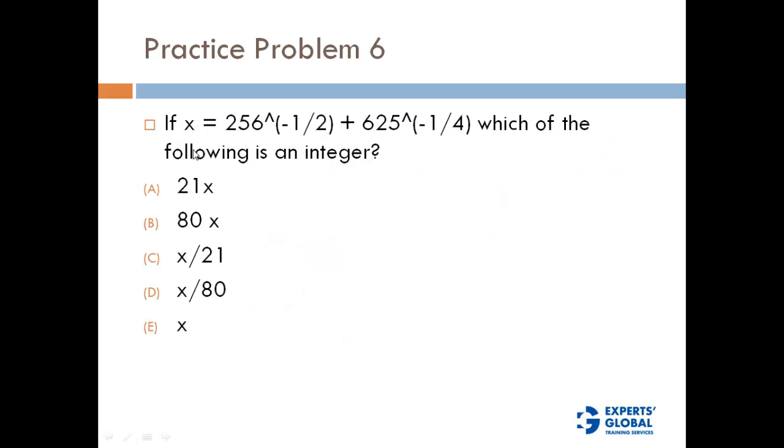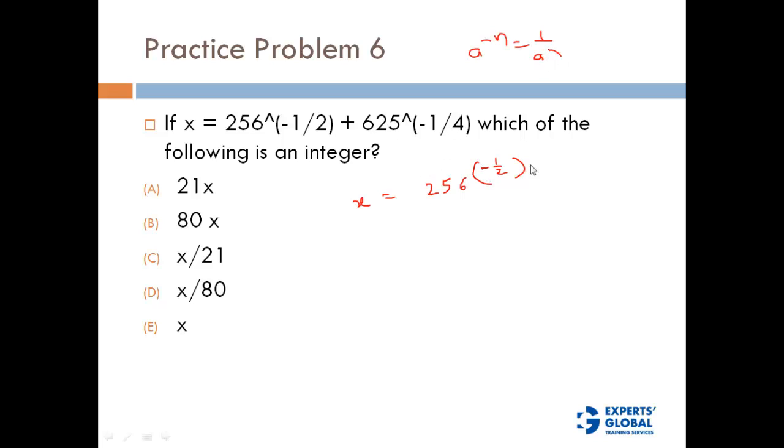Let's look at this problem. If x is equal to 256 raised to minus half plus 625 raised to minus 1/4, which of the following is an integer? Okay, so let's see. X is equal to 256 raised to minus half plus 625 raised to minus 1/4. Now, we know that a raised to minus n is equal to 1 by a raised to n, right?